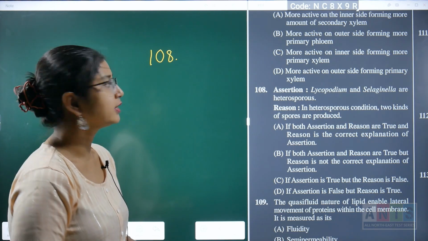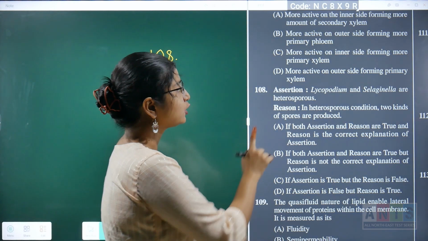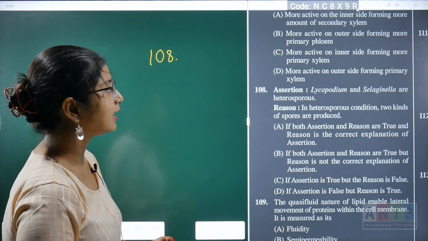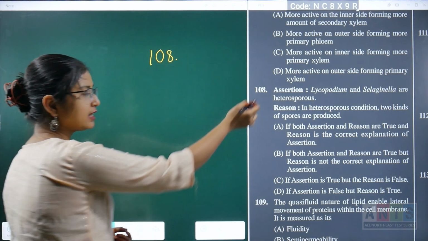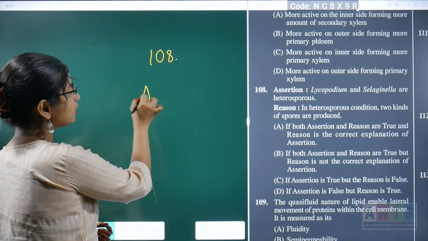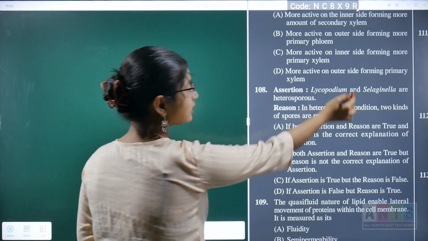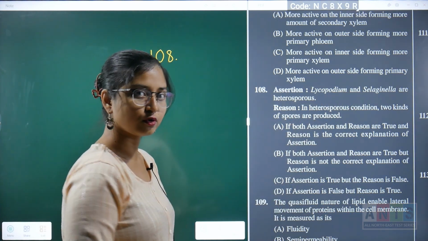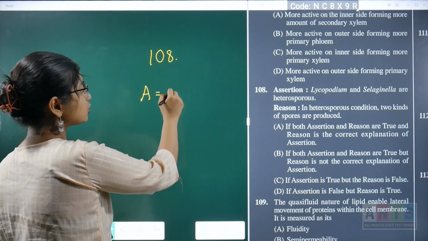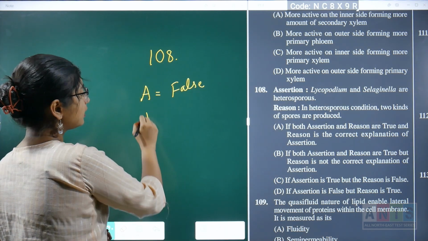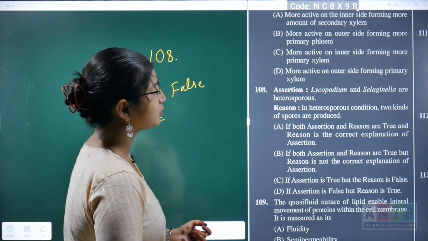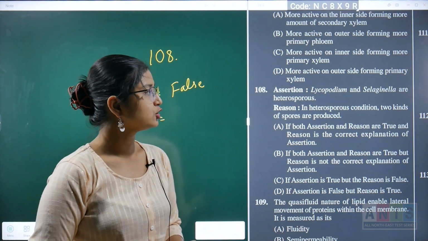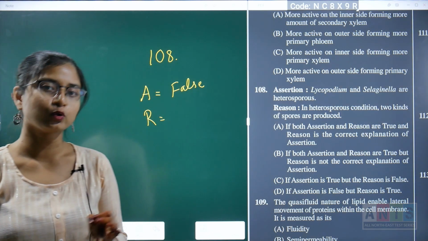Now question number 108, the assertion: Lycopodium and Selaginella are heterosporous. So the problem with this particular assertion is that even though Selaginella is heterosporous, Lycopodium is not. So going by that, it seems the assertion is false. Now, the reason statement: in heterosporous condition, two kinds of spores are produced.